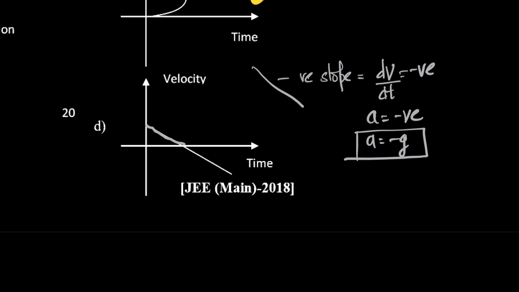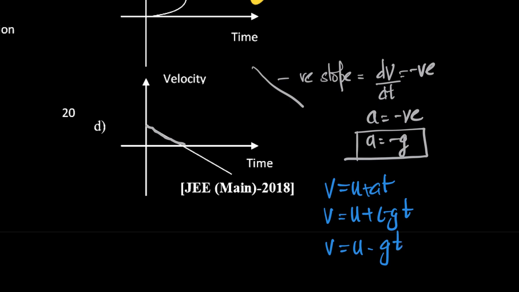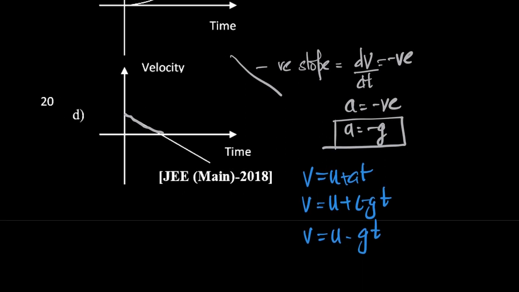Now, since a is minus g, the velocity will be given by the relation v is equal to u plus at, which is basically v is equal to u plus minus gt. Therefore, v is equal to u minus gt, right? Now this can be written as y is equal to c plus mx.